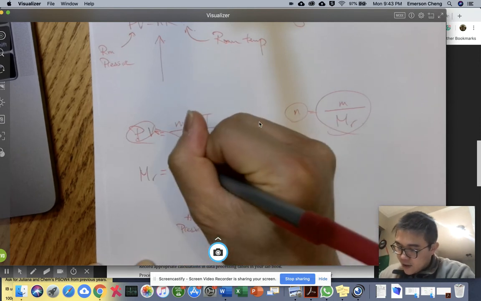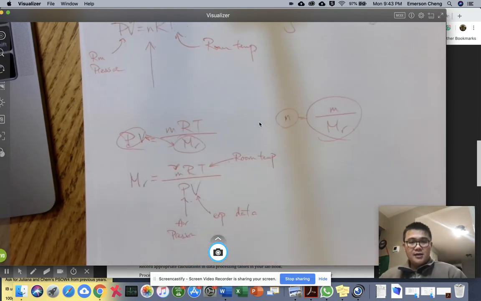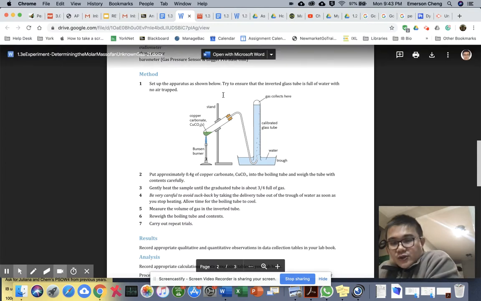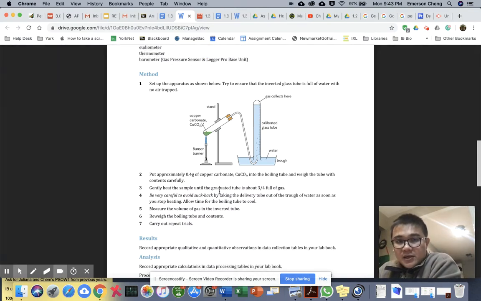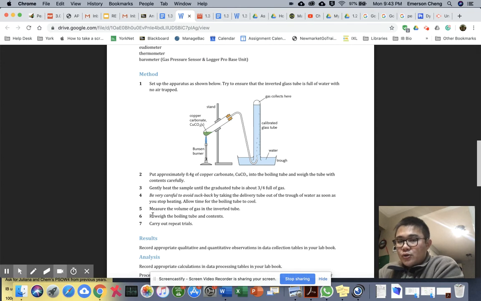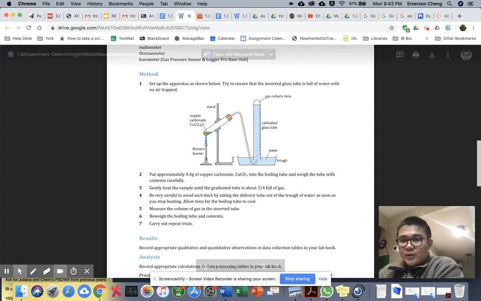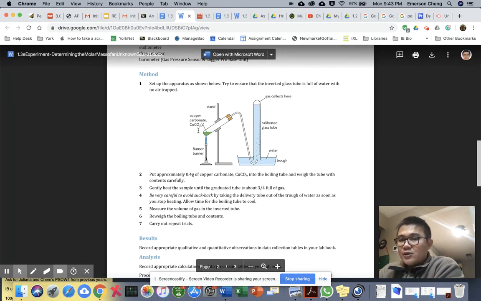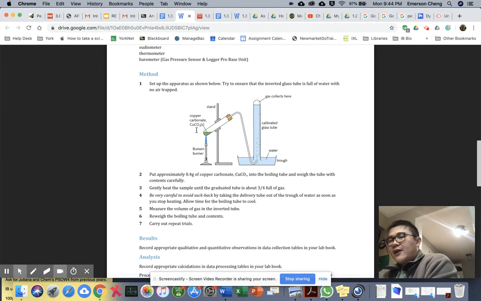Now the mass here is actually the mass loss, because when you do this, you put in a certain mass. I know the handout says 0.4, but we worked it out and told you to do 0.2, 0.3. You heat it until a certain point, stop the reaction when it's about three-quarters of the way, and then weigh the whole thing to find the mass loss.